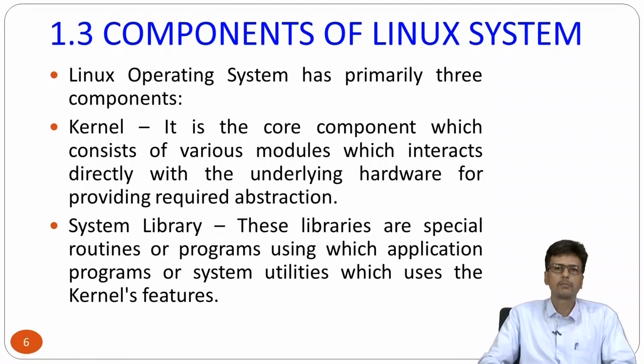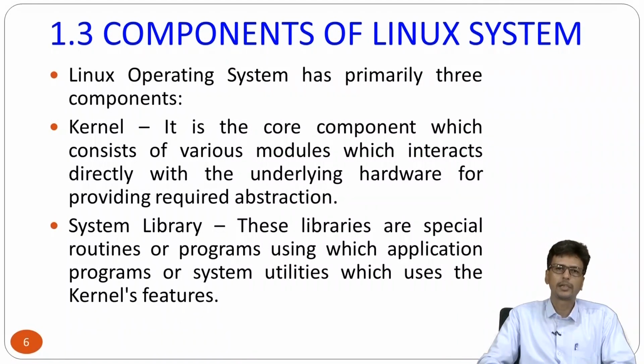The second one is the system library. The system library is nothing but a collection of programs, or special routines, through which application programs or system utilities use the kernel features. Whatever features are available in the kernel, if you want to use those features, you can use the system libraries. So you can directly access whatever inbuilt features are available in the kernel for that Linux operating system.